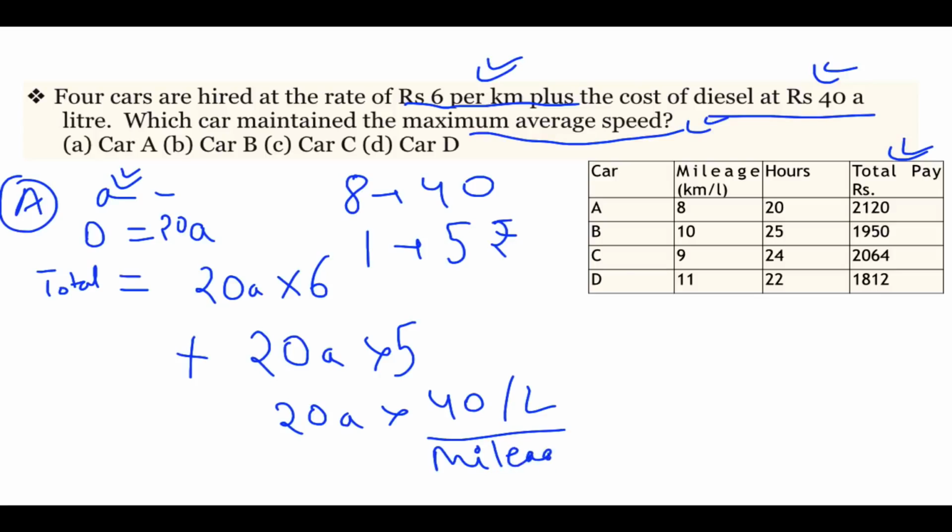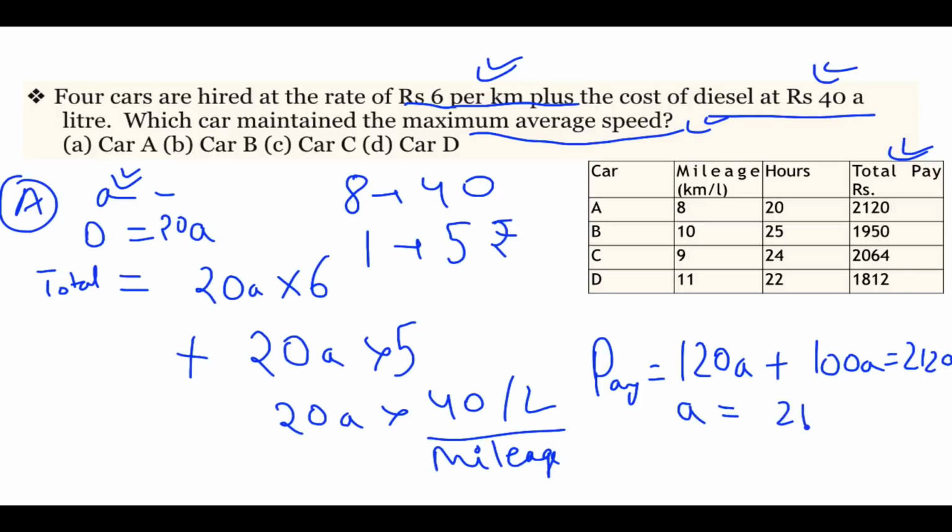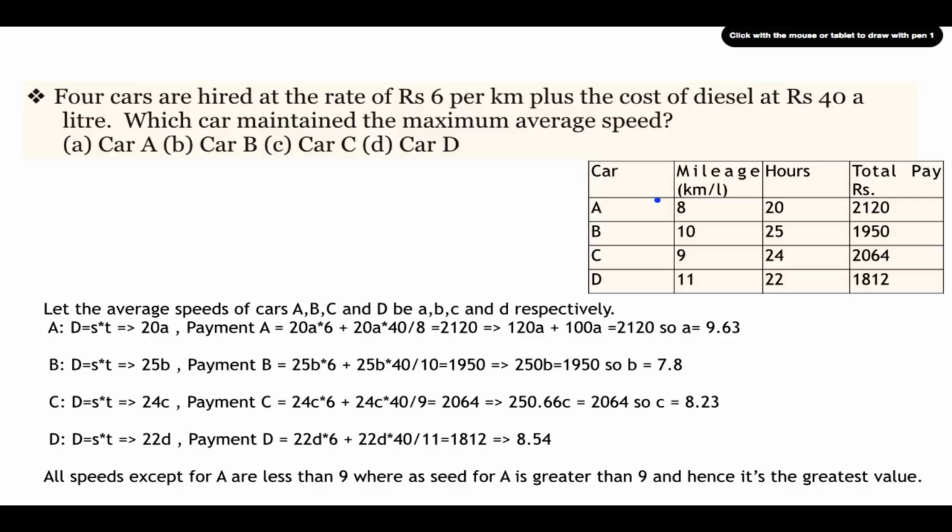So you add these things, that is, the total payment will be equal to 20A into 6, that is 120A, plus 100A. In this case it is equal to 2120. So now you can find A, which will be equal to 2120 divided by 220, and it will be more than 9. So even by solving in a crude way, you will be able to make out that A will be the correct answer, and I have solved it for you, so you can see it here.